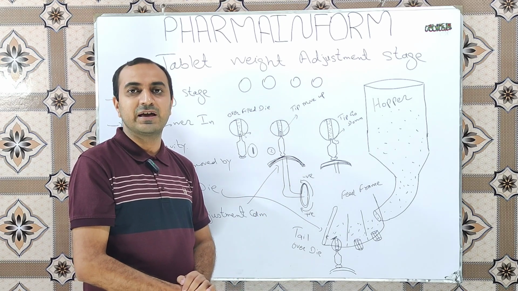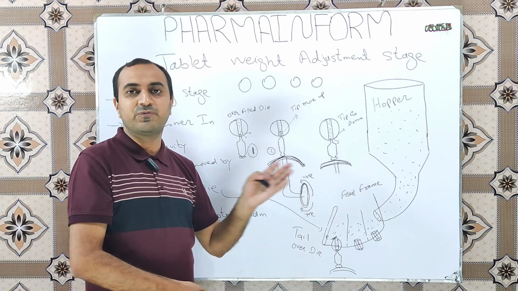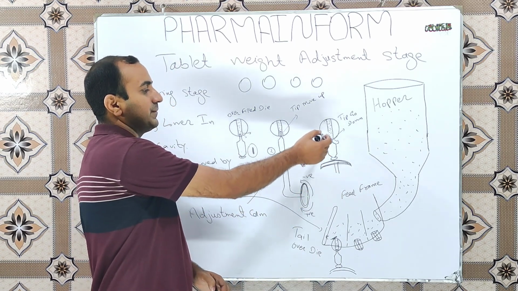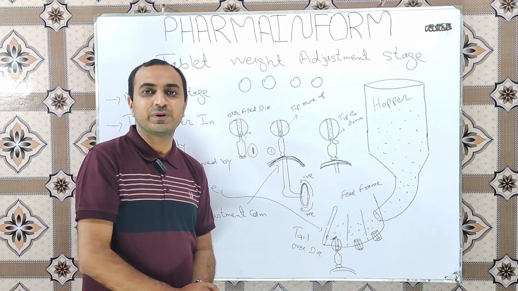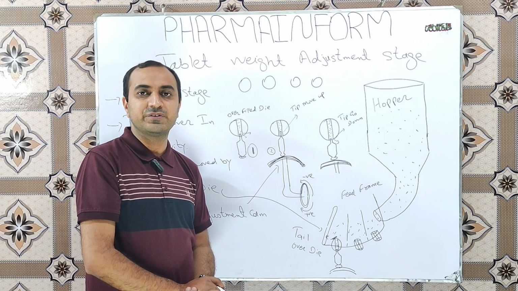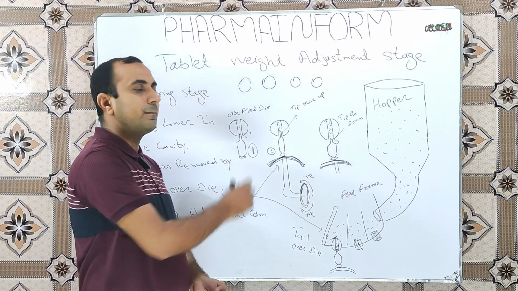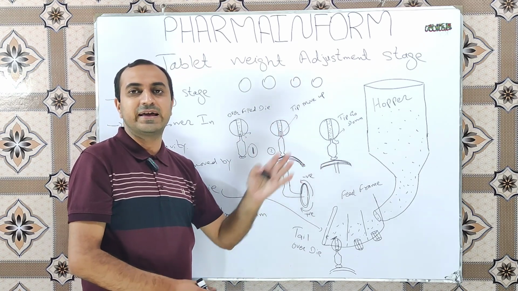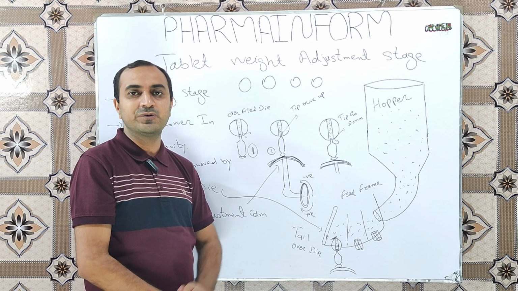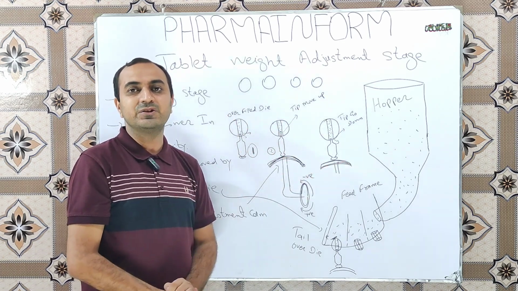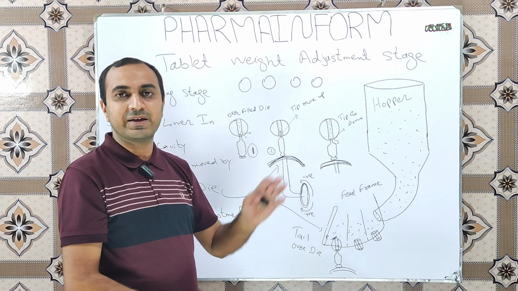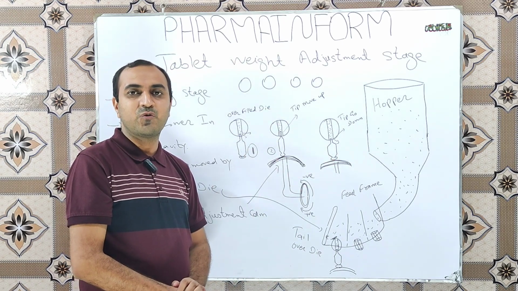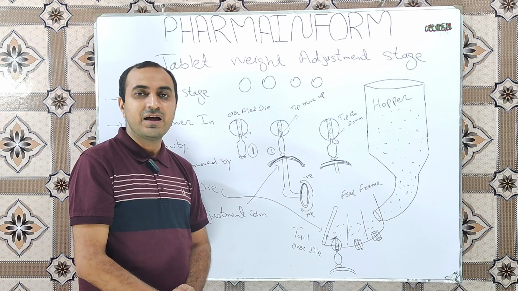If the punch tip goes downward, the die space for filling of powder or granules is increased, and if the punch tip comes upward, we are decreasing the filling space in the die cavity for the powders or granules, and later on when these powders or granules are compressed, the weight of the tablet is adjusted as per the position of the tip of the lower punch in the die cavity.